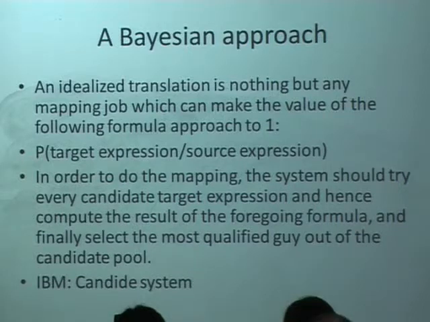But in order to compute this, you need to compute a lot of things. The system should try every candidate target expression and compute the result of the foregoing formula, and finally select the most qualified one out of the candidate pool. What you need is a very large database to do the computation.